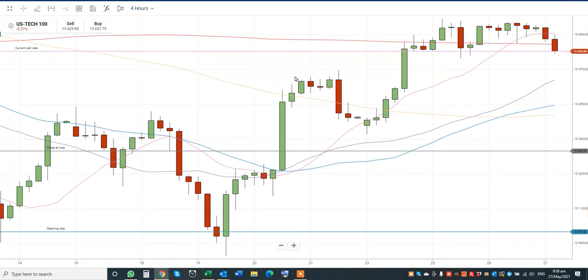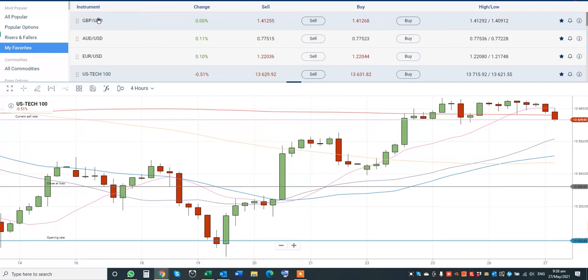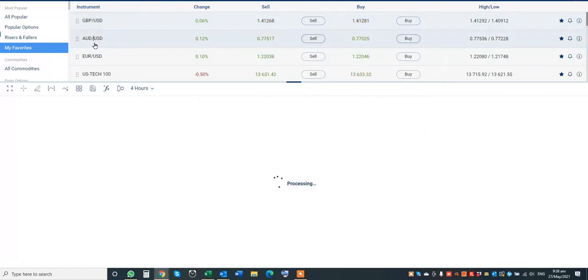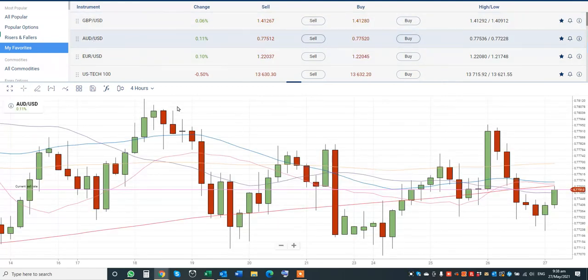Okay, so that is the Nasdaq futures that we've been following. Just to take a look at some other instruments, we've got the pound USD has been following more or less what the Nasdaq futures are doing, because both of them do rely on the US dollar action. The Australian dollar, very jumpy.